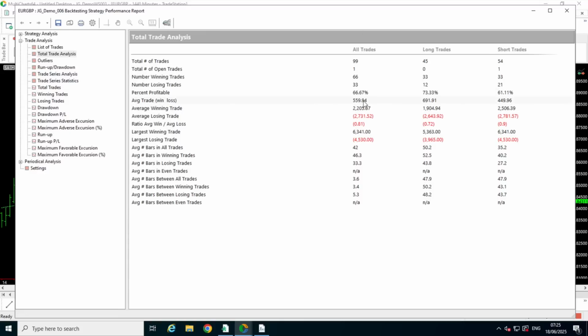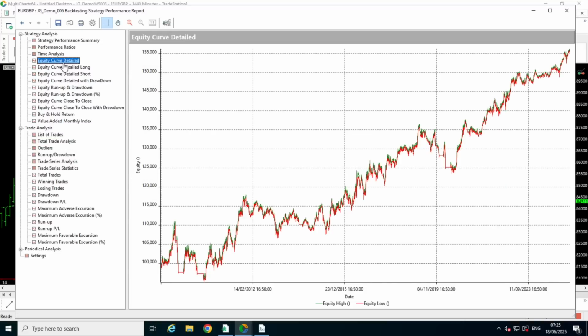Average trade £559, percent profitable 66. And there's the equity curve, including this last part, which we just saw on its own. So I'm very pleased that the out of sample data, that almost 2.5 years, is in line with the rest of the strategy performance. I'm happy that what we've done seems to have worked. Well, it's definitely worked in that out of sample period.